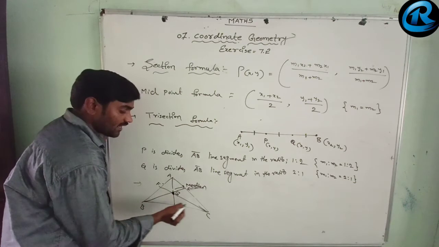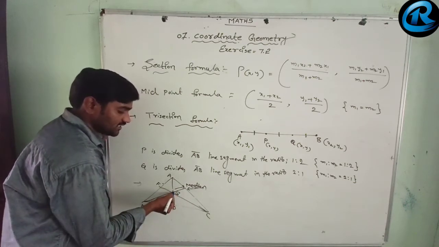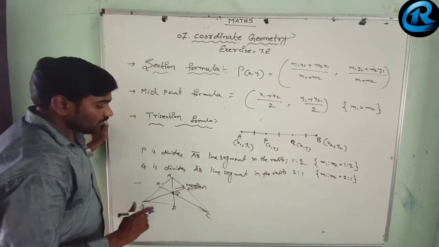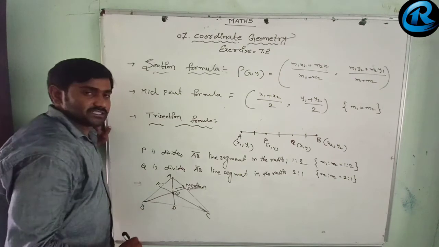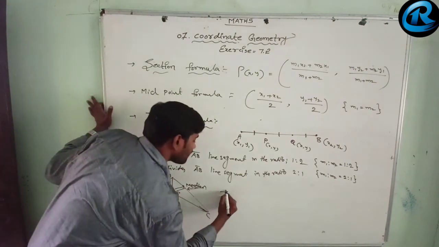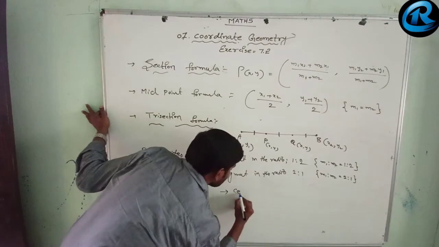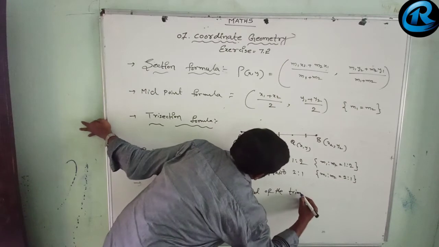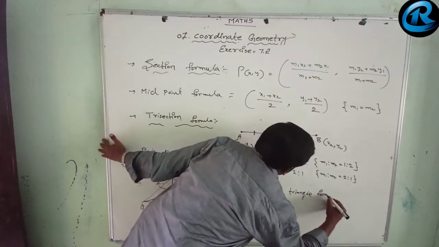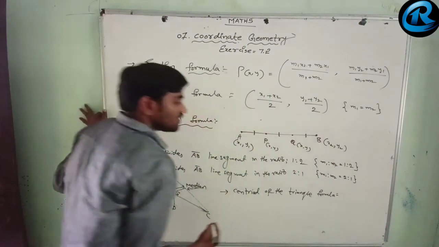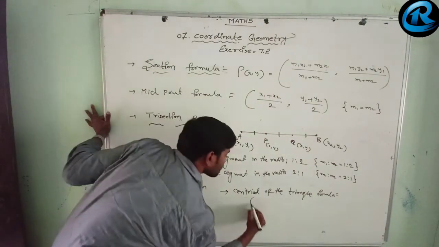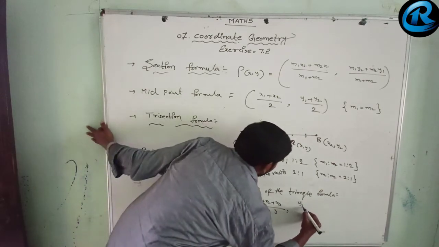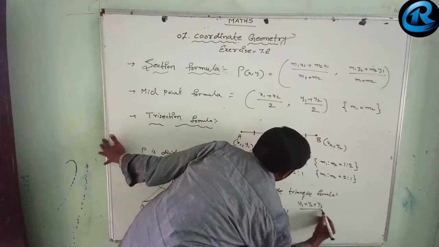In a triangle, where the 3 medians intersect each other, the intersection point is known as a centroid. So here the centroid is denoted by G. The centroid of the triangle formula is equal to x1 plus x2 plus x3 by 3, y1 plus y2 plus y3 by 3.